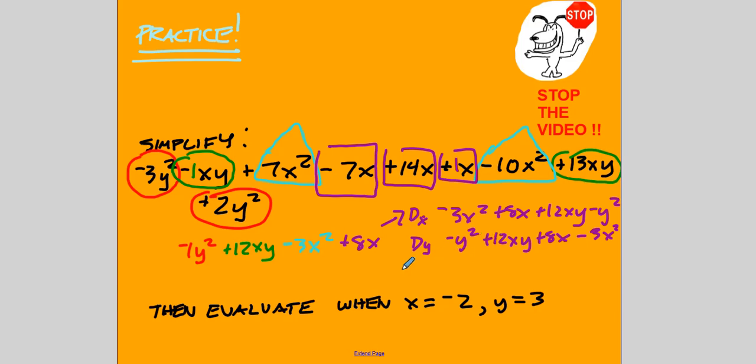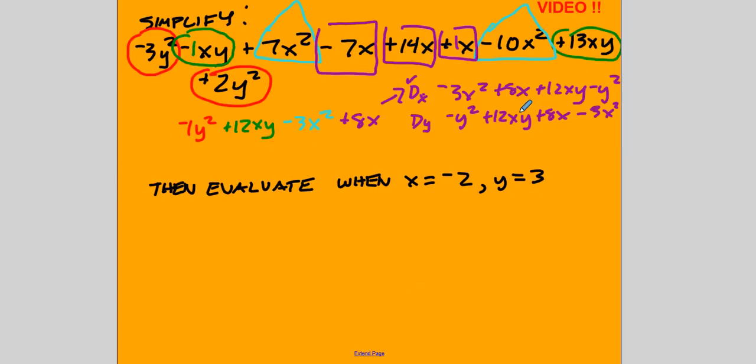Alright, so let's just go with this one here, negative 3x squared plus 8x plus 12xy minus y squared. So I'm going to evaluate this now at these values. So everywhere there's an x, so let's write this down again here. So I have this plus 8x plus 12xy minus y squared.